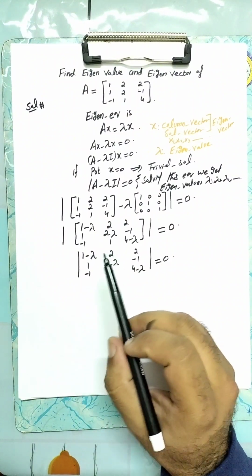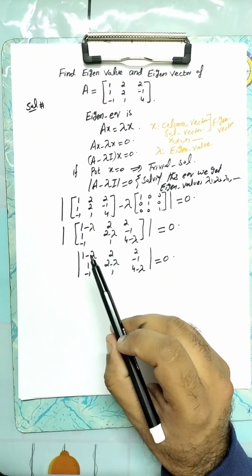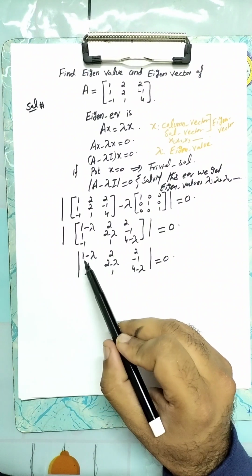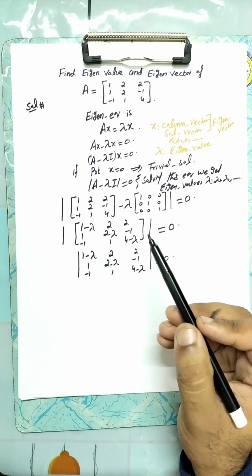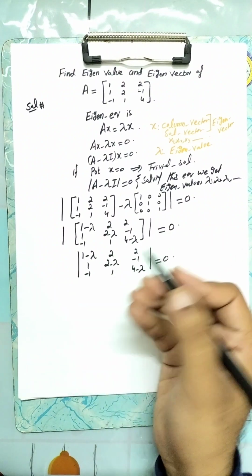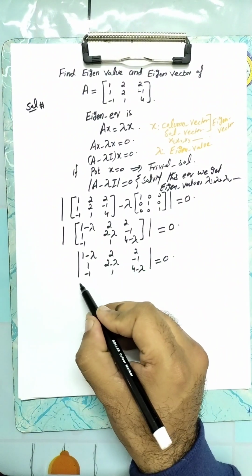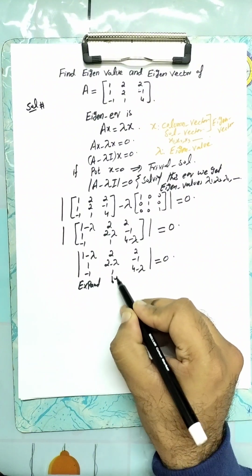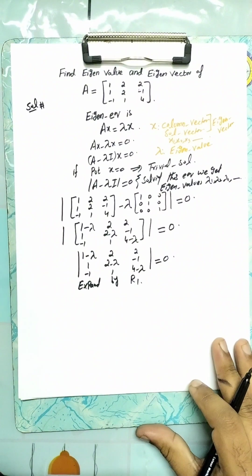So this is the determinant, and here lambda is the eigenvalue. We expand this determinant by R1.